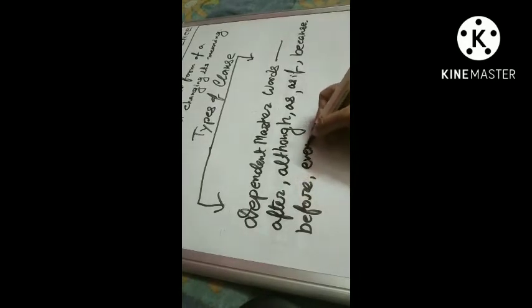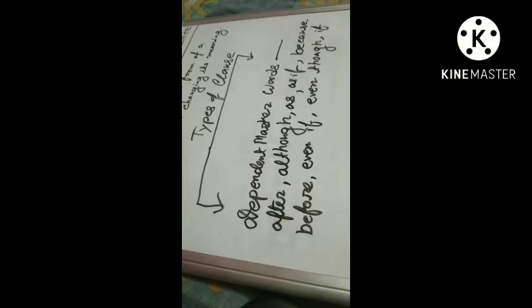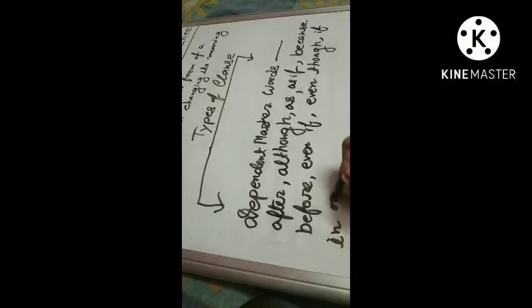Even if, even though, if, then, in order to, since, though, until, okay, etc. These all are dependent marker words.